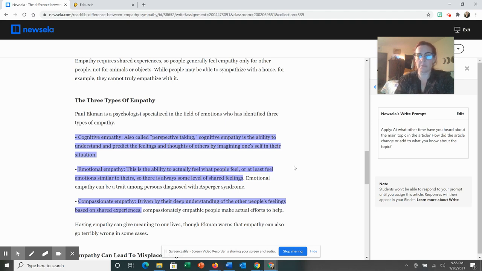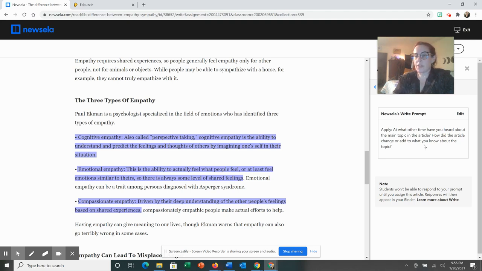And then there's compassionate empathy, where people with shared experiences make really driven efforts to put their actions into motion to help the other person, the person that is in need.